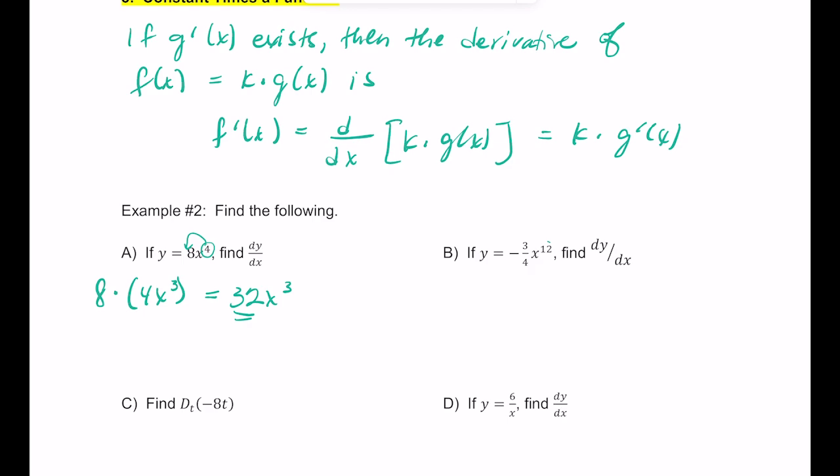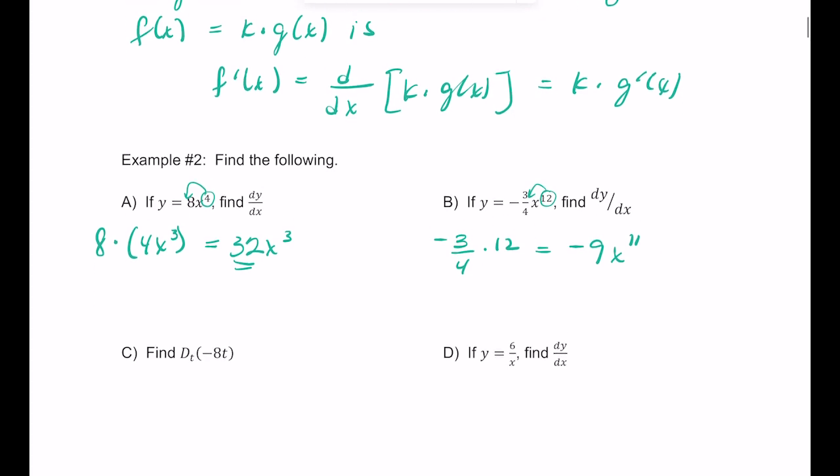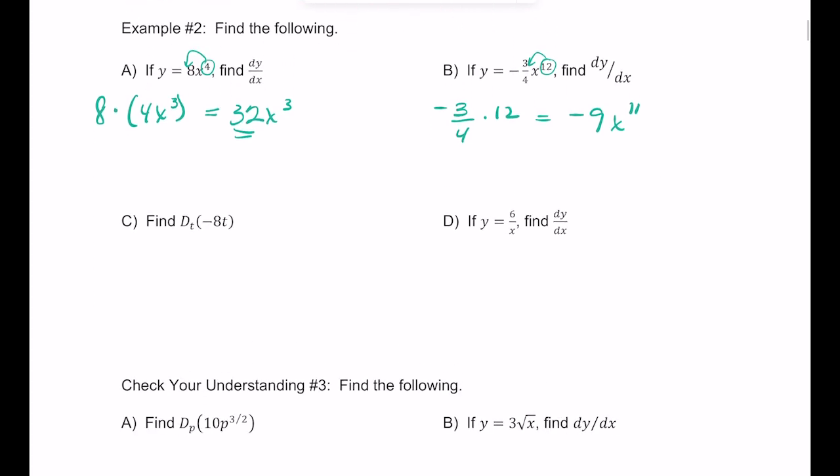Okay, we can try that with b as well. So we can multiply 12 times negative 3/4. Okay, so to multiply fractions, we just go straight across. You get negative 36 divided by 4, which is negative 9. And then it would be x to the 12 minus 1, or 11th power. In letter C, we're finding the derivative of t.